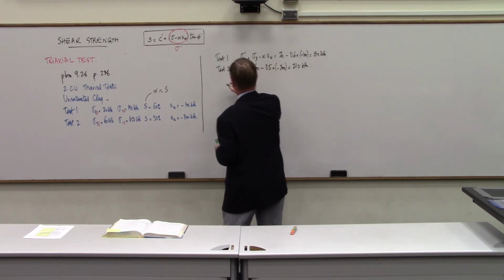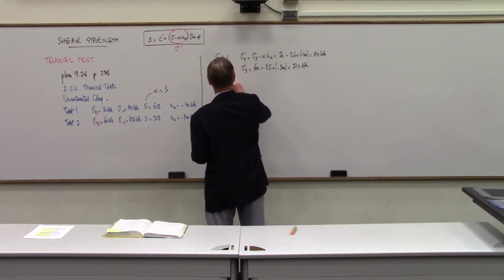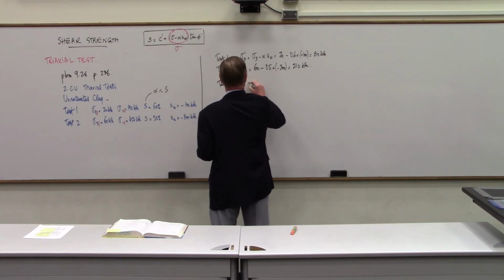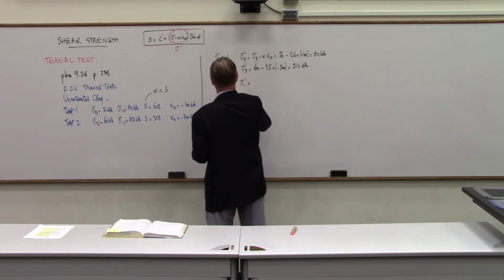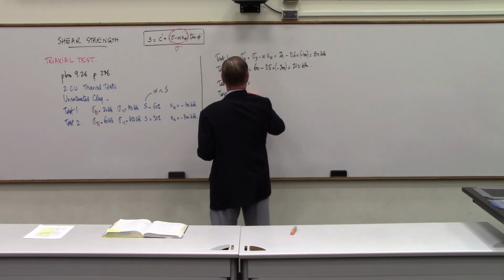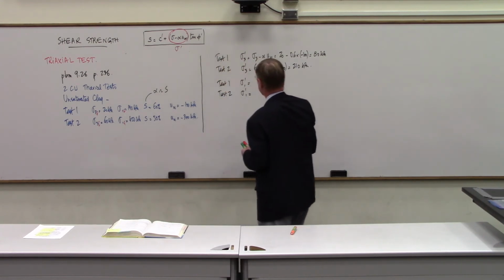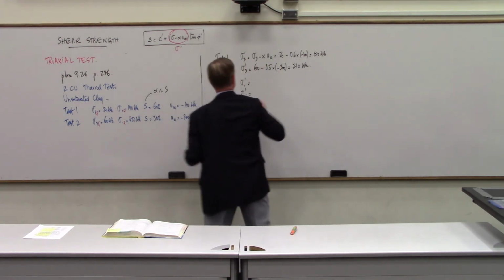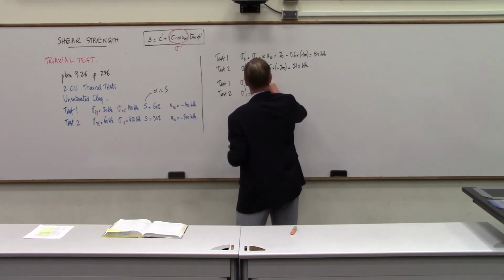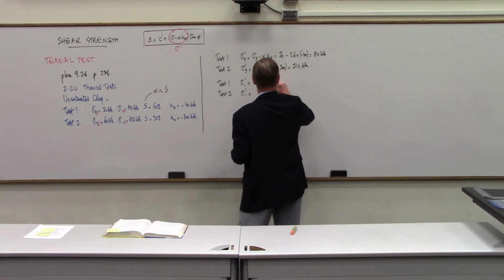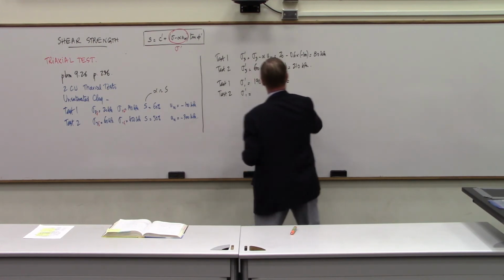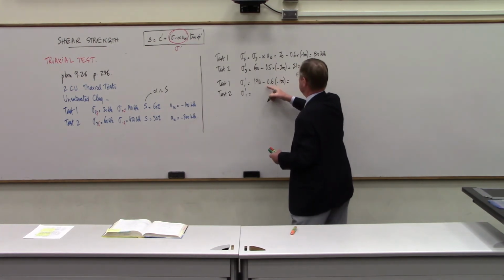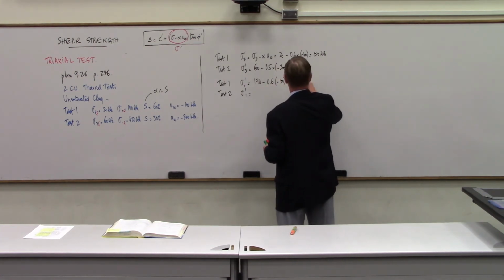All right. Then test 1, sigma prime 1. Test 2, sigma prime 1 at failure. Again, same thing. So I'm at 190 minus 0.6 times minus 100 equal, this is 60 plus, so 250.